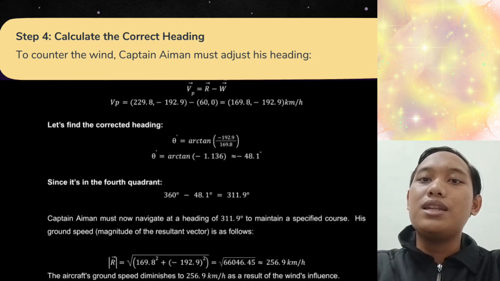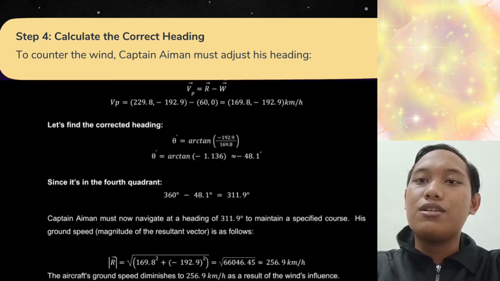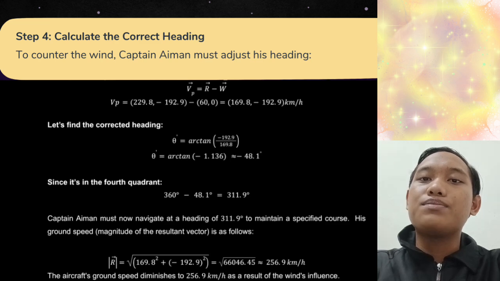Okay, next we need to find the corrected heading. Theta prime equals arctangent of negative 192.9 divided by 169.8, so theta prime equals arctangent of negative 1.939, and theta is approximately negative 48.1 degrees.